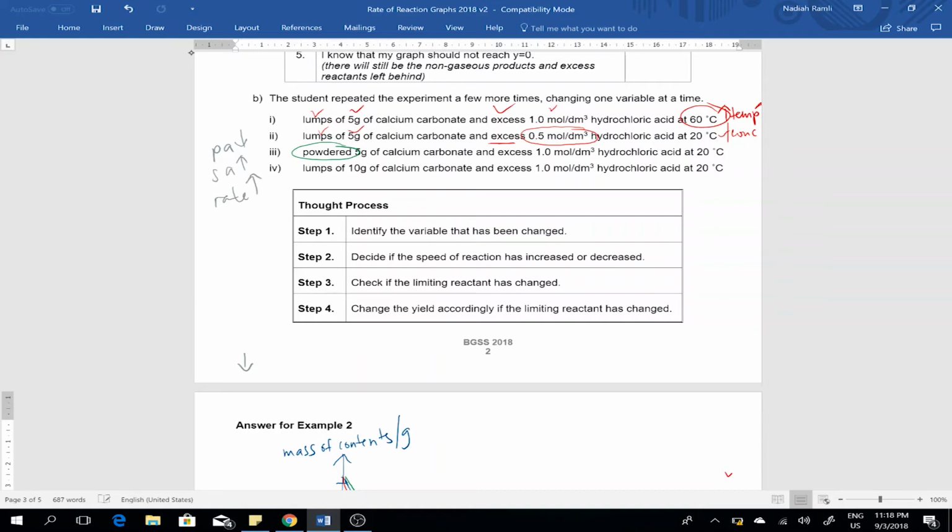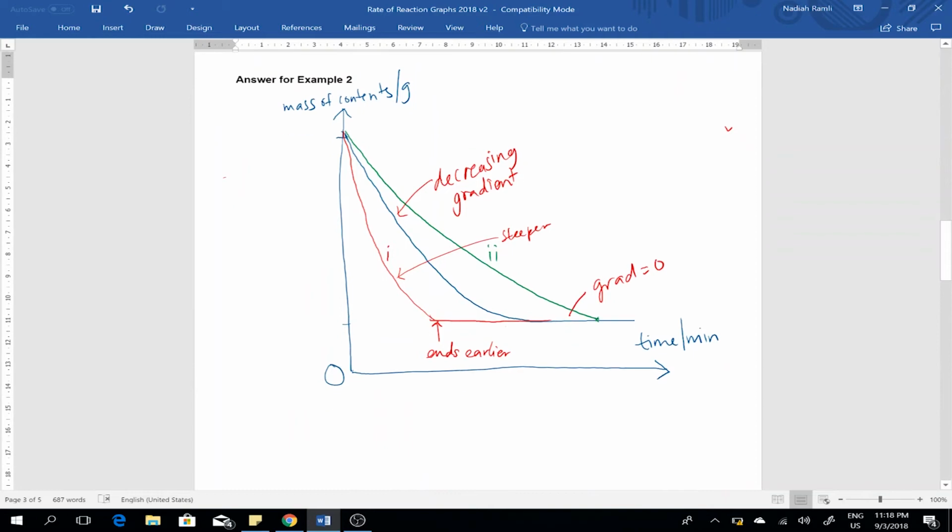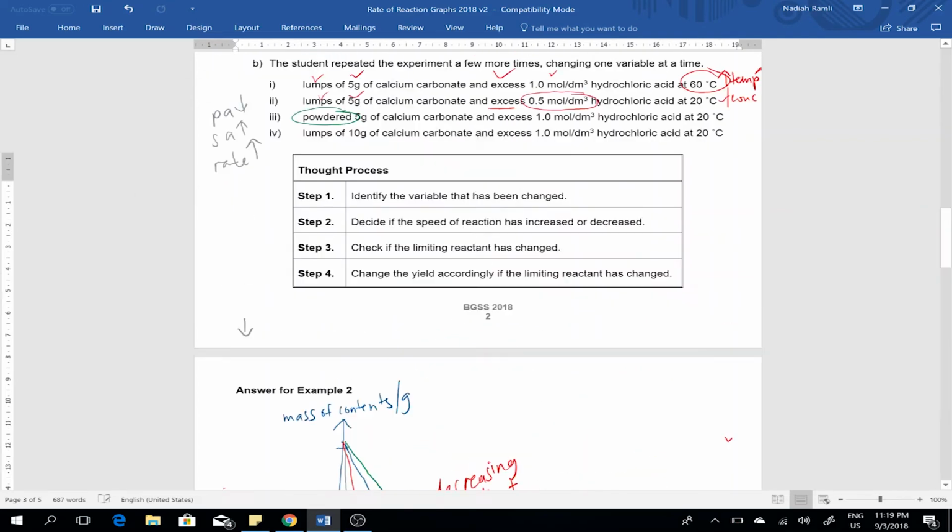Okay, so again, all I have to do is make sure that since the rate is faster, it will end earlier. So maybe somewhere here, and then just draw it out. Okay, so again, this ends a bit earlier. 1, 2, 3.